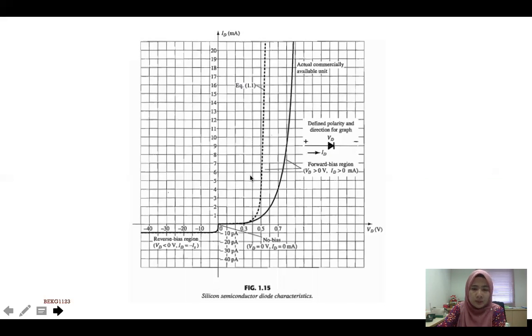For example, this is the VI characteristic for silicon, where you have an exponential rise at 0.7.